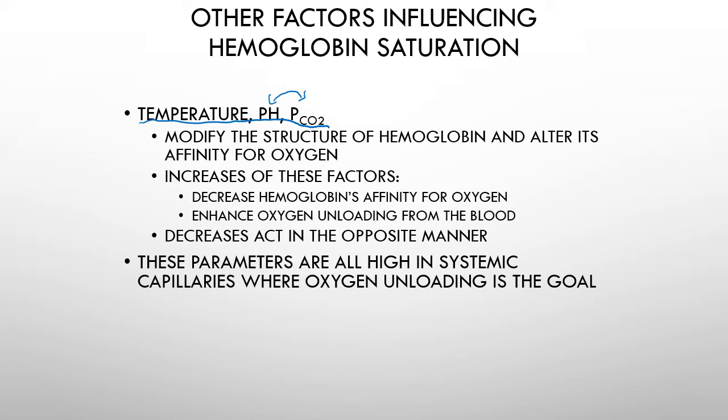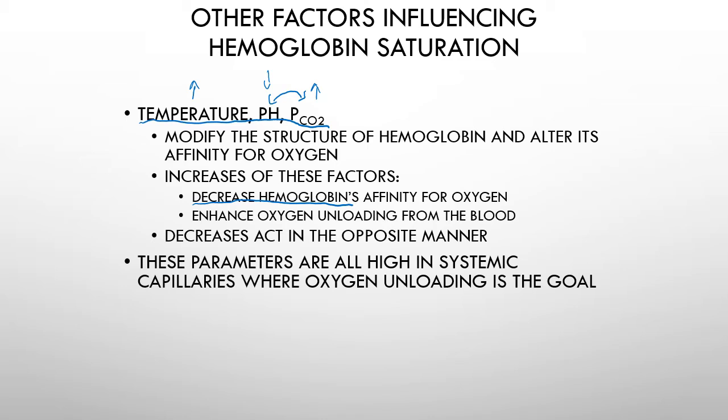If you think about it, if we're using a particular organ, oftentimes the temperature is going to go up, which means the cells are doing more. So our PCO2 is going to go up, but then our pH is going to start to come down because it's going to become more acidic in the area as well. Those are all going to have an effect on the amount of oxygen that's going to want to come off. And if we have that particular scenario, that's going to decrease hemoglobin's affinity for oxygen.